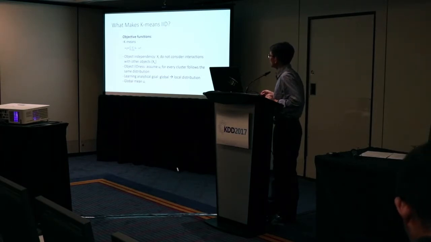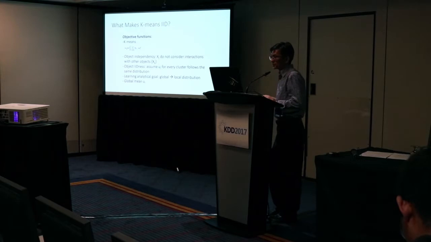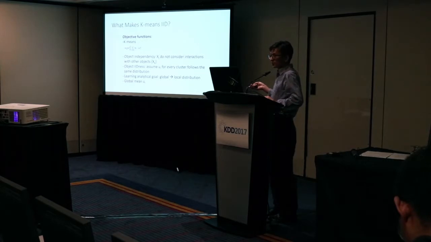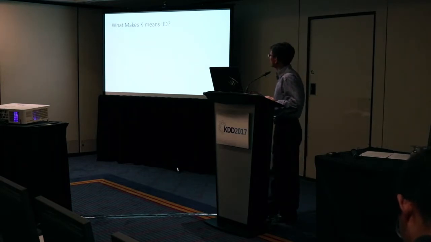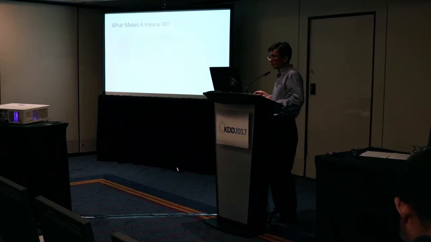We assume every cluster follows the same distribution, right? But this is a global clustering issue, so there are some other issues. Mainly, xj is independent, and xj1, xj2 follow the same distribution. But in the real world we often have to consider that this distribution could be quite different from another cluster, right?